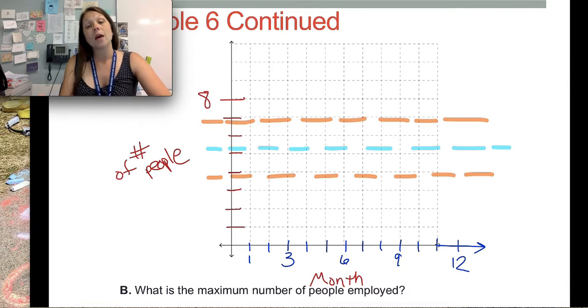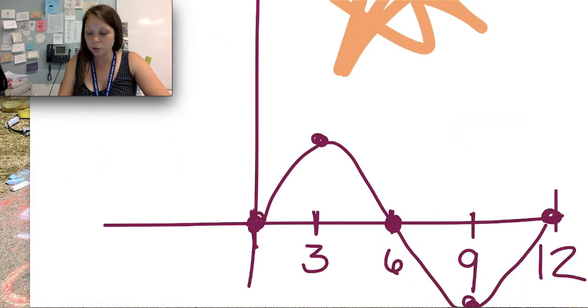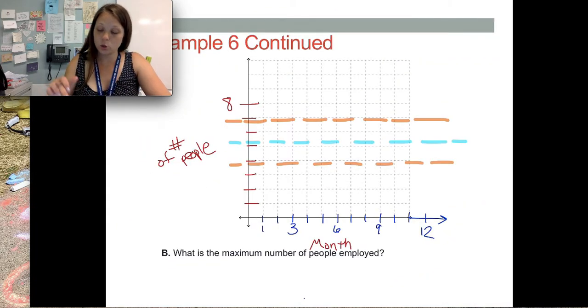All right, now remember in this last slide, I had said 12, which is normally on the x-axis, is now getting pushed back 2 months and up 5.2 units. So what was normally at 12 is now going to be at 10 months, and the x-axis is no longer the center line, it's now that blue dashed line I have.